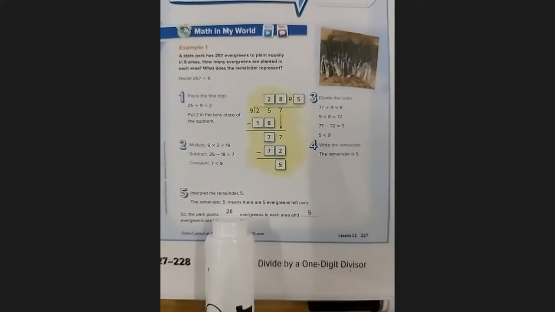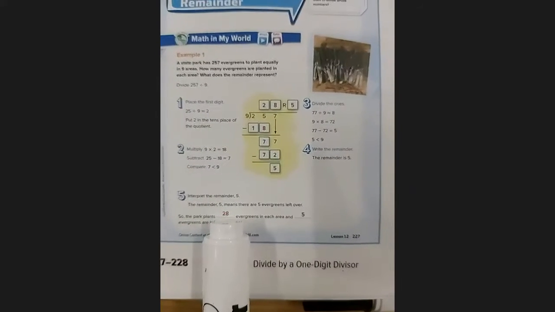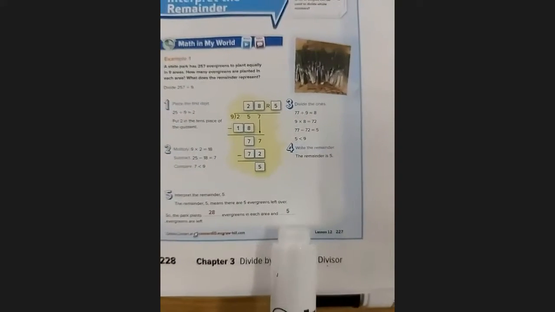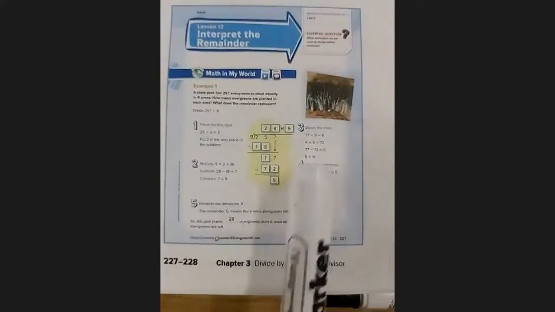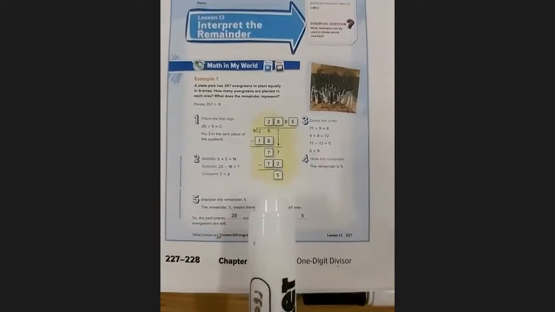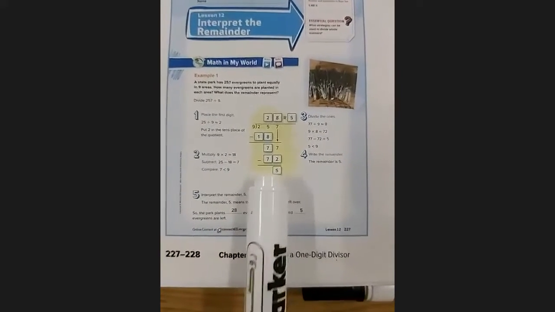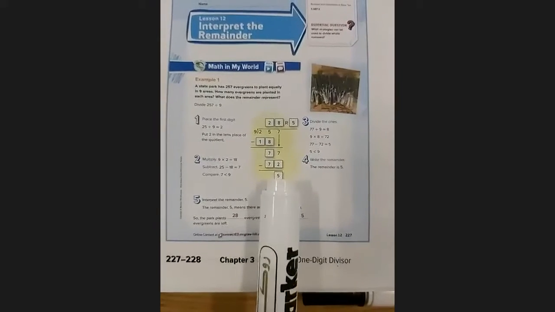So here, in this space, you write the quotient, which is 28, and in the second space, 5. The idea, guys, is to do the division and to understand what the remainder represents.